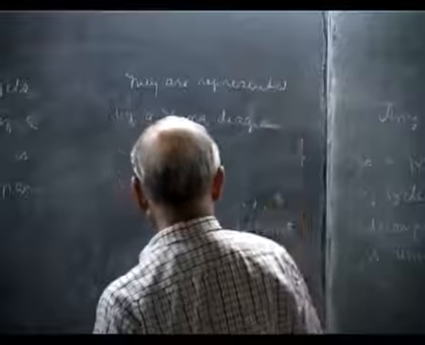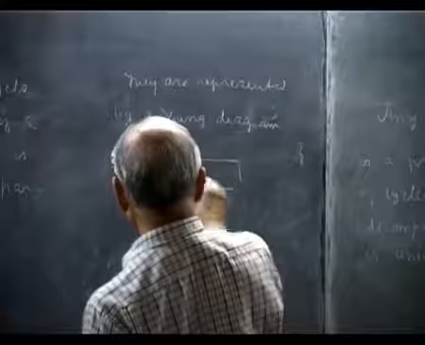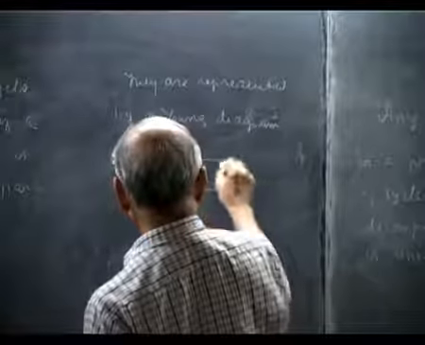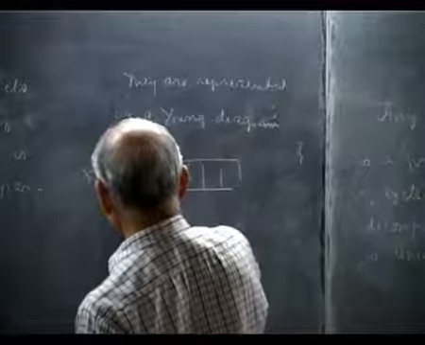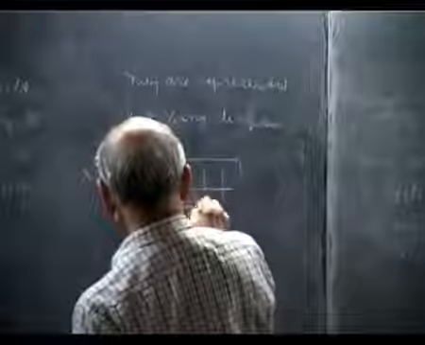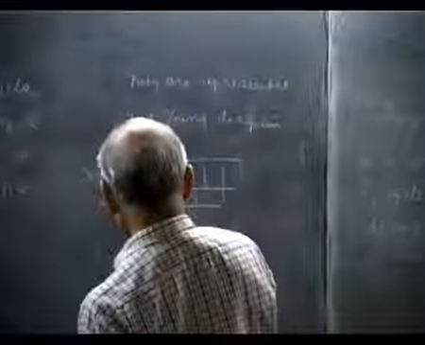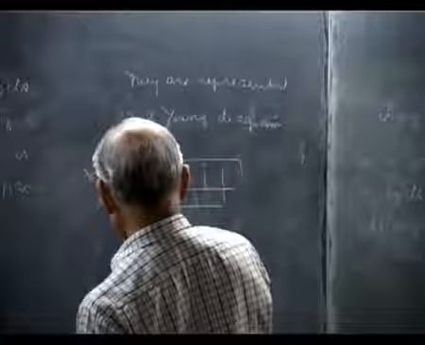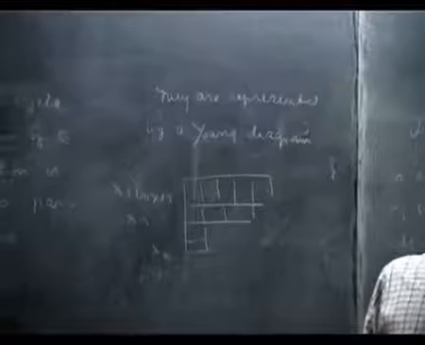The diagram is written with lambda 1 boxes, then you have lambda 2 boxes, etc., some lambda k boxes, and the remaining entries are 0, you don't put anything there.